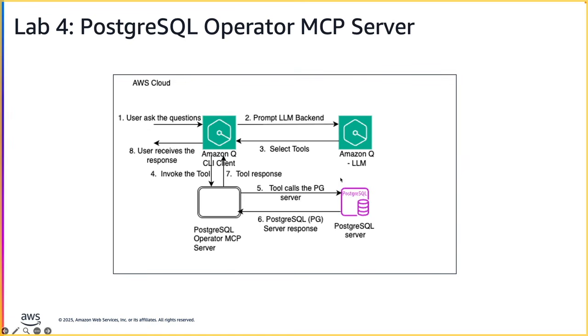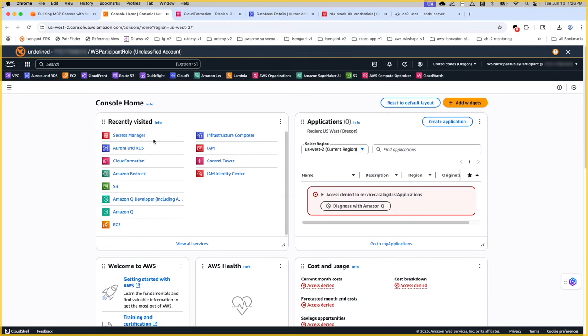This particular tool will talk to the Postgres server with the questions translated. We get the response back, and then the user gets the formatted results back from Q. So this is a visual view that we are going to see in just a few minutes. I'm going to switch to the console here.